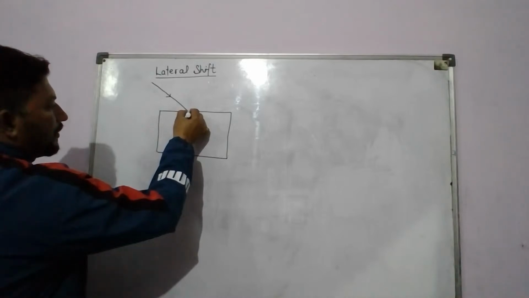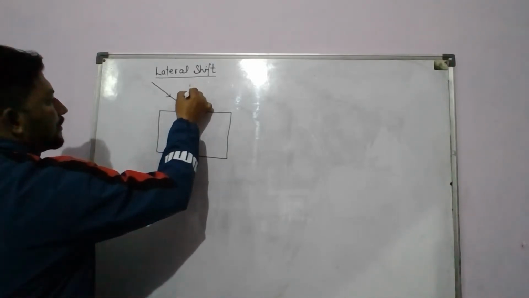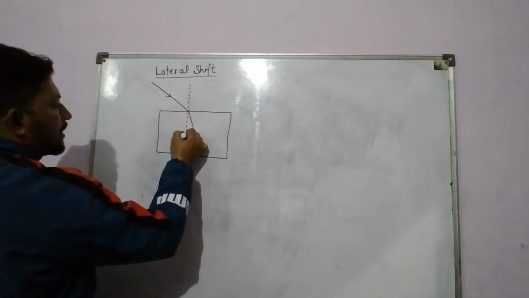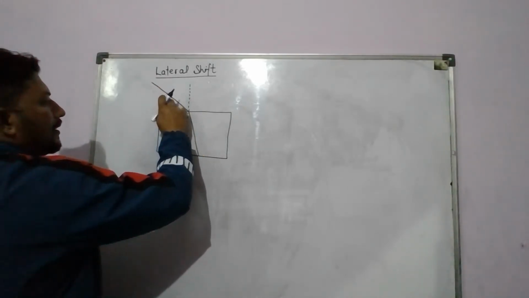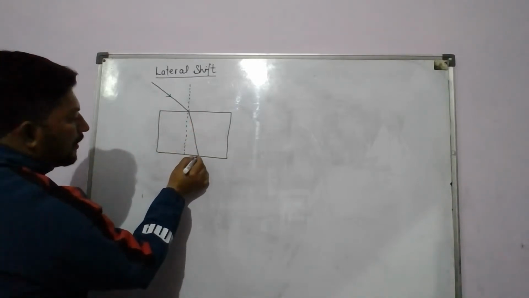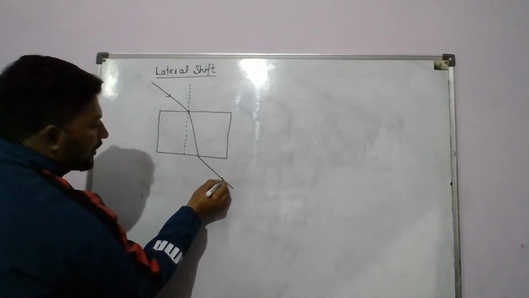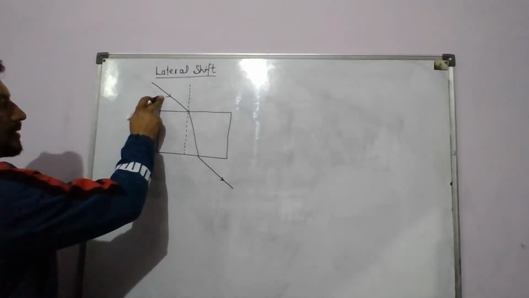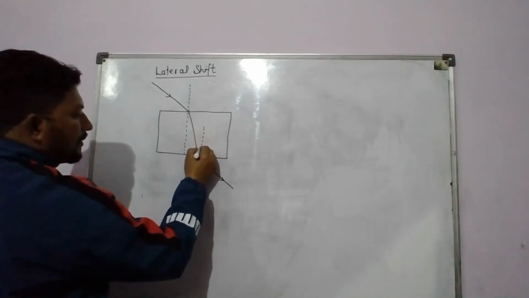Now it bends, so the same concept is applied here. The incident ray travels from air to glass, the refracted ray moves towards the normal, and this is your emergent ray. The incident ray and emergent ray are parallel to each other.